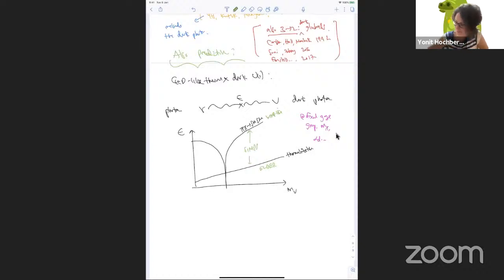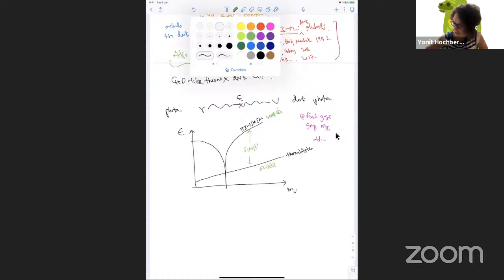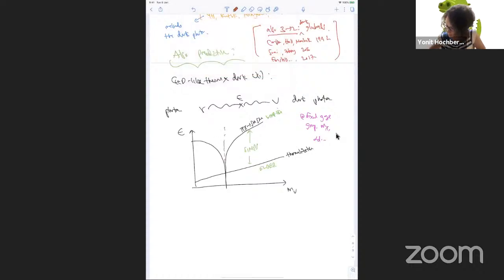And just to note that this dip over here happens when the mass of the dark photon is of order twice the dark pion mass. That's because if you look at this 2-to-2 annihilation, if my dark photon, which is what's being exchanged there, is exactly twice the dark matter mass, then we're hitting a resonance, and that's why we're seeing this dip going down here.